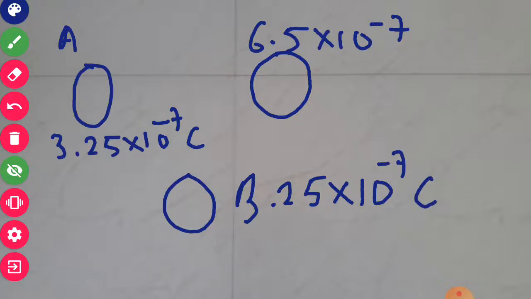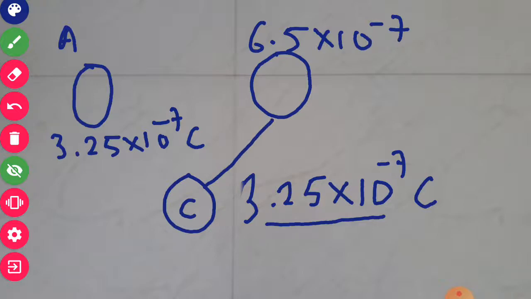So initially the charge on C was 0. Try to understand. Initially the charge on C was 0. Then it is brought in contact with A, so half of the charge of A is taken by C. So now C is having 3.25 into 10 raised to minus 7 coulomb charge.